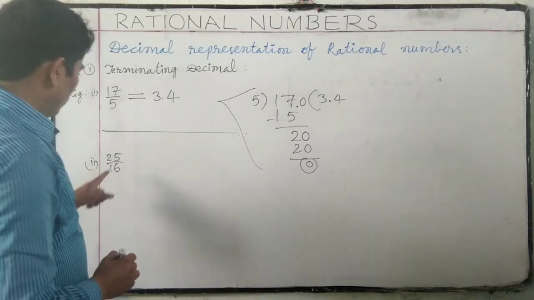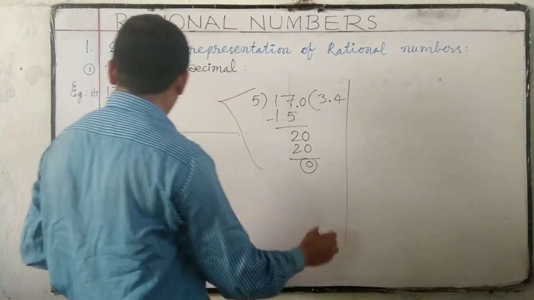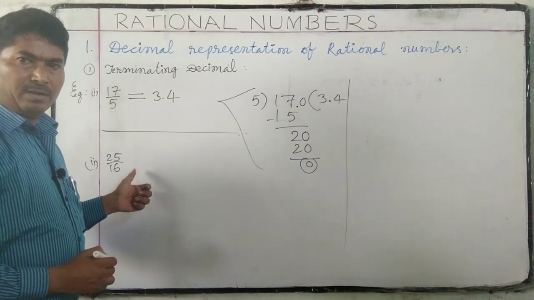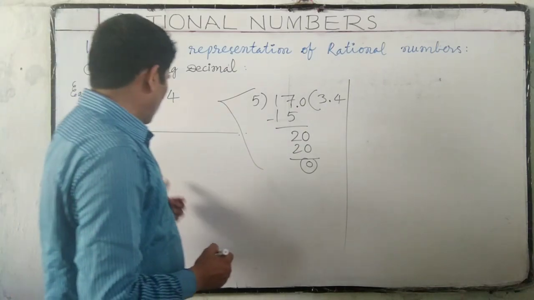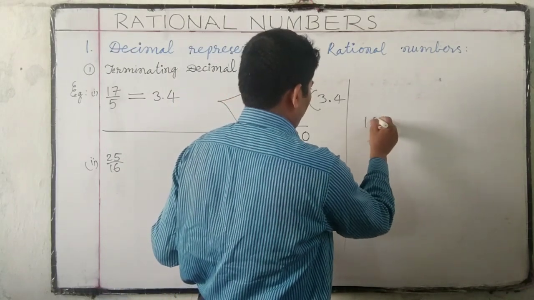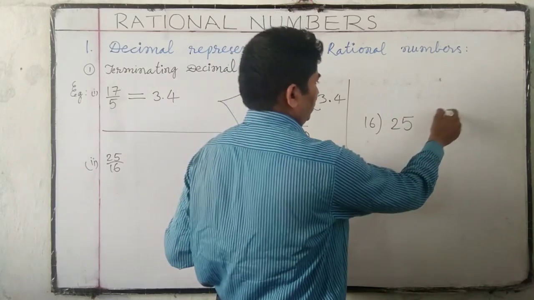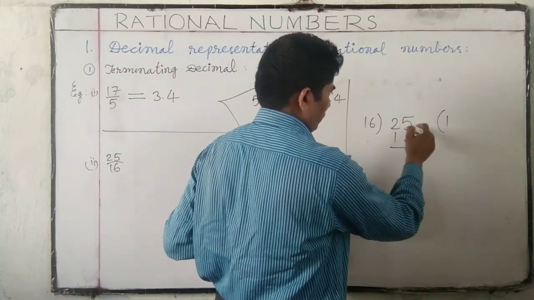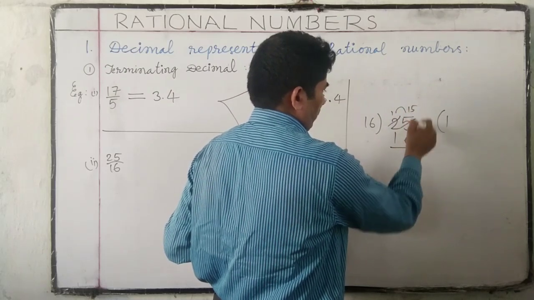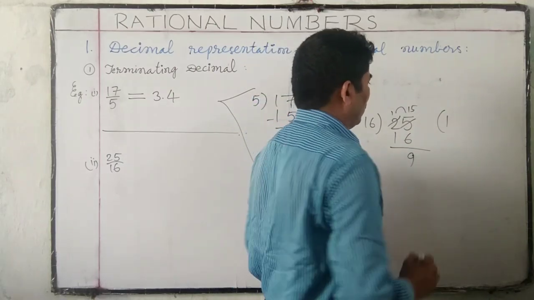Next, second one, 25 by 16. To find the decimal number for this, we have to divide the numerator by the denominator. Sixteen ones are 16, 25 minus 16 is 9, bring down 0.